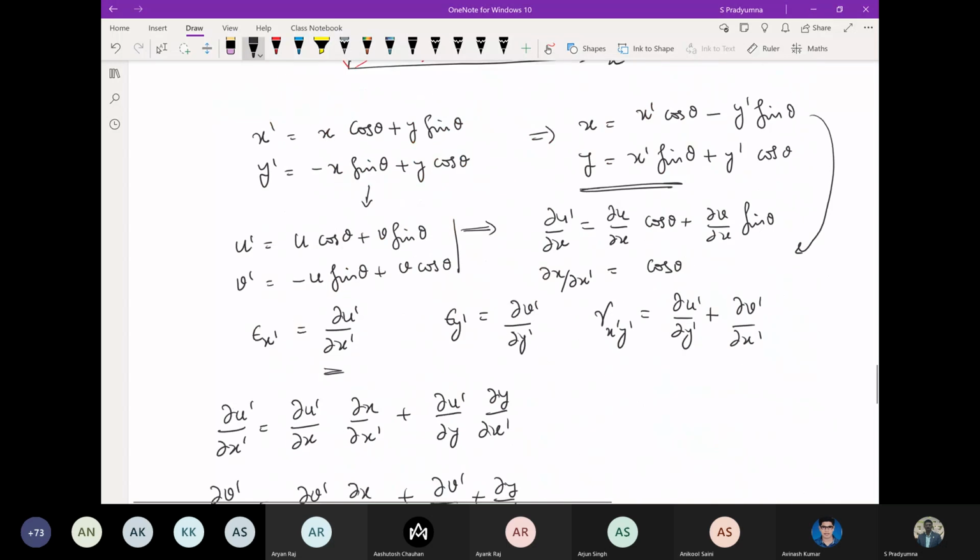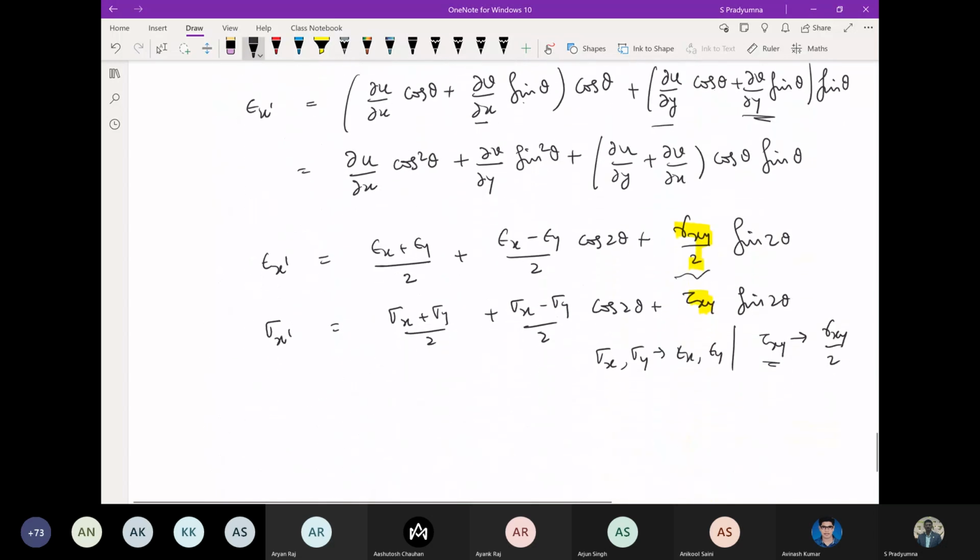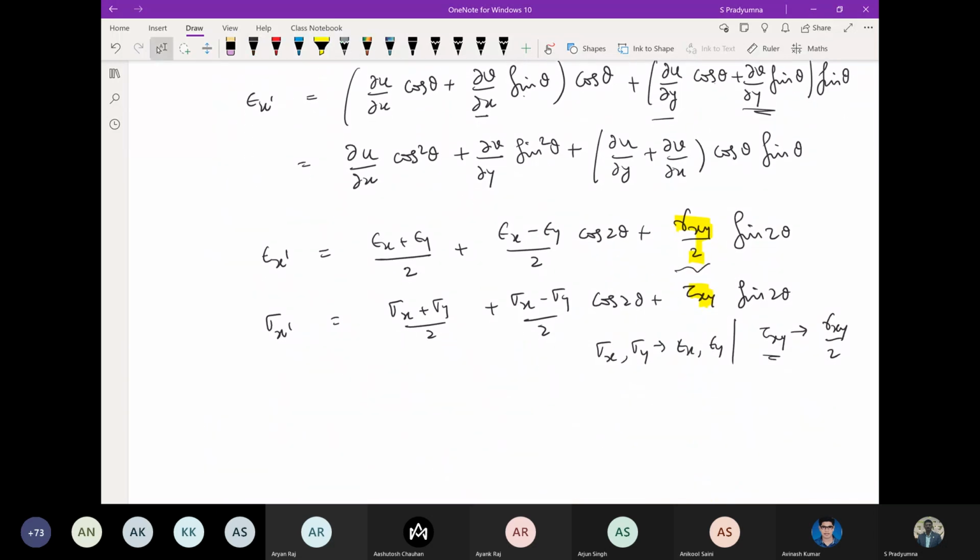So in any expression for transformation, or when you want to write down the principal stresses, or draw the Mohr circle, you actually deal with gamma xy by 2 or gamma xz by 2 or gamma yz by 2 in the three-dimensional system. So that is what our comparison between the stress transformation and the strain transformation rule goes.